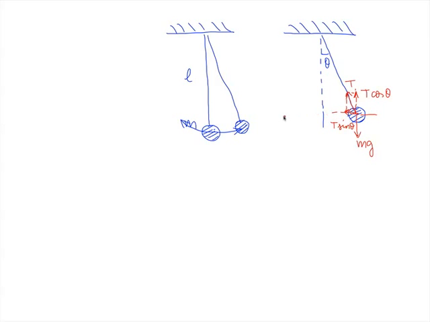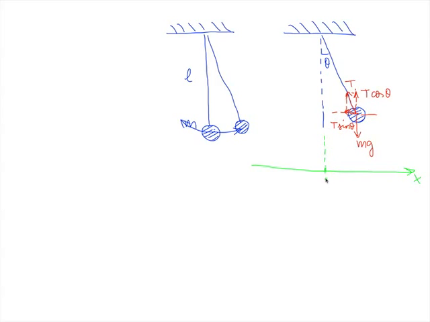Let me first of all draw here an axis x to keep track of the horizontal shift along the swinging of the pendulum. This axis will be useful to locate the mass horizontally.